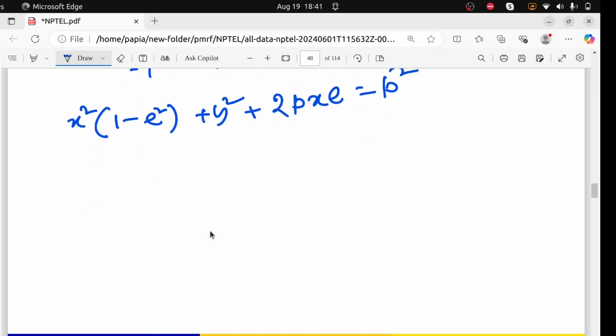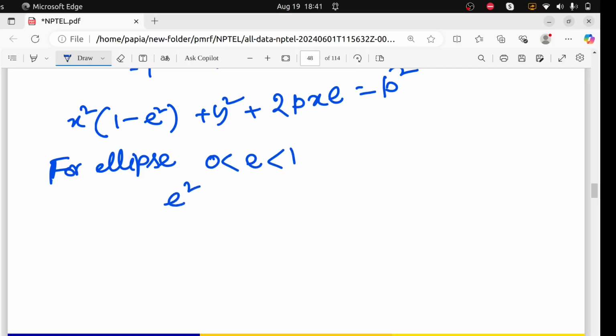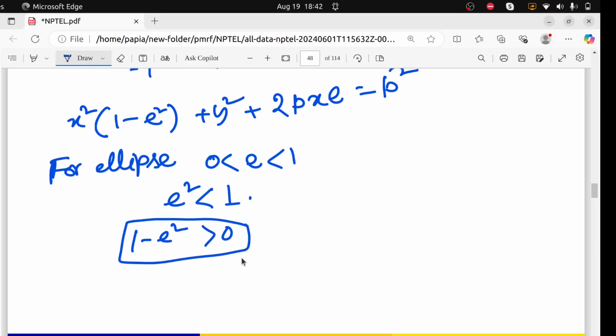So now for ellipse, 0 is less than e is less than 1. That means whatever the value will be, e square is smaller than 1. So I can write one thing here. That means 1 minus e square is a positive value. Okay.